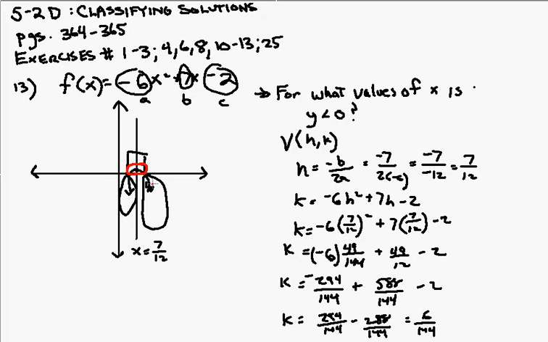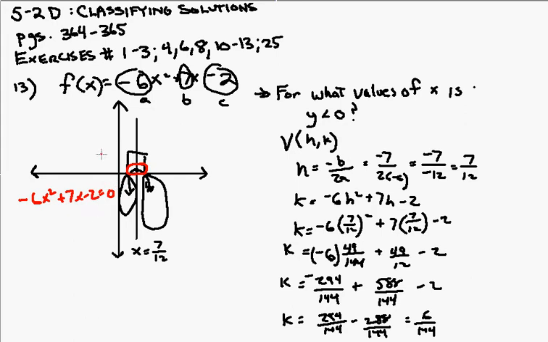The rest of the graph is going to be where y is negative or less than 0. So we need to let y be 0. So think about this. If I go negative 6x squared plus 7x minus 2 equals 0, that'll give me my two roots.